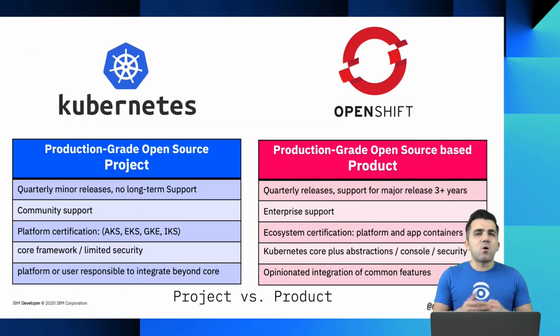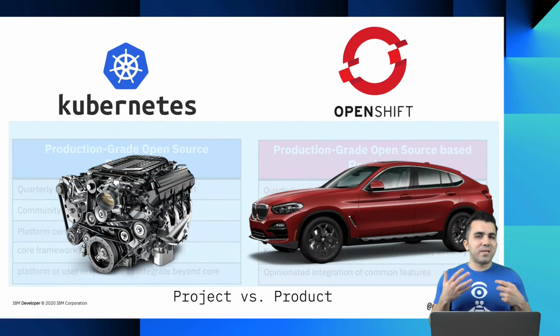Next, Kubernetes is an open source project, whereas OpenShift is a product based on an open source project, which is Kubernetes Origin Distribution, or OKD. Comparing Kubernetes with OpenShift is like that classical example of comparing an engine with a car. You can't do much with an engine, and you need to assemble it with other components in order to get from A to B and become productive.